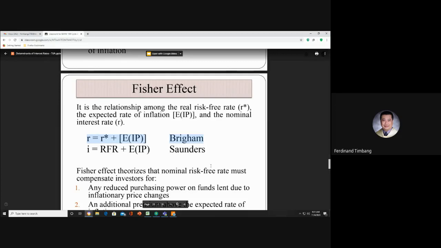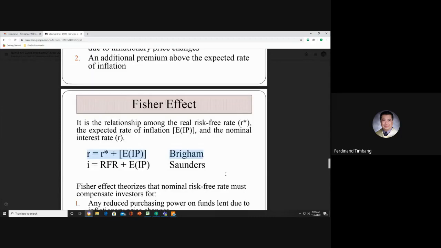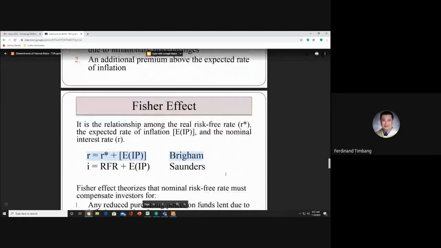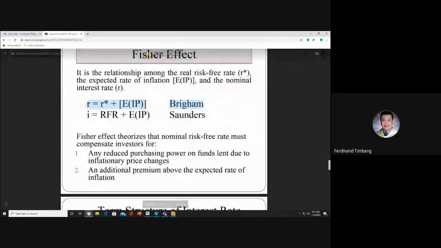Okay? Pareho lang naman siya. Kaya lang pinakita ko rito yung difference ng presentation ni Brigham at saka ni Saunders, since we use both the book of Brigham at saka ni Saunders.